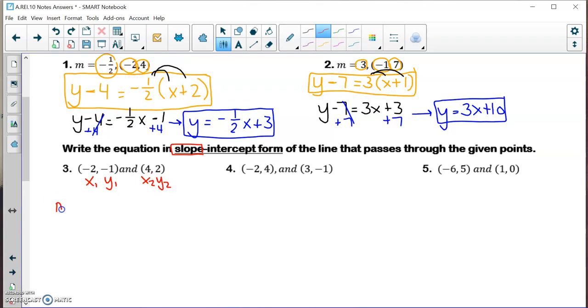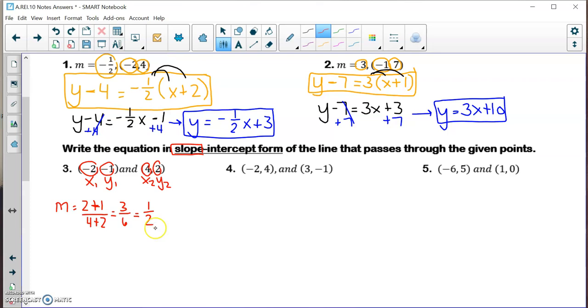My slope formula is m is equal to my y2 value minus my y1 value, minus a negative 1 is really a plus 1, all over x2 minus x1, minus a negative 2 is really a plus 2. So I wind up with a slope of 3/6, which can be reduced to 1/2.